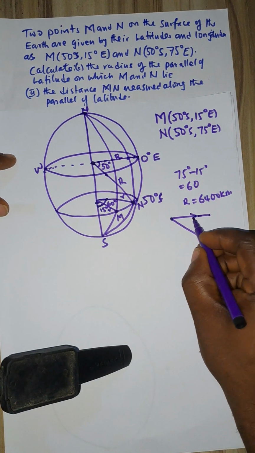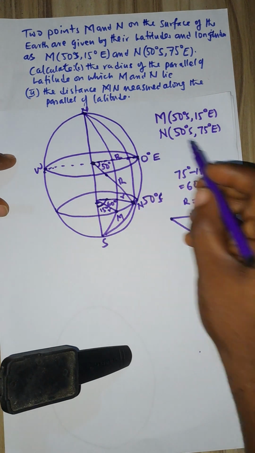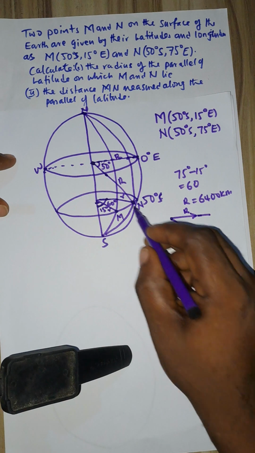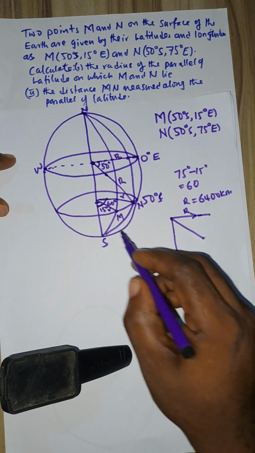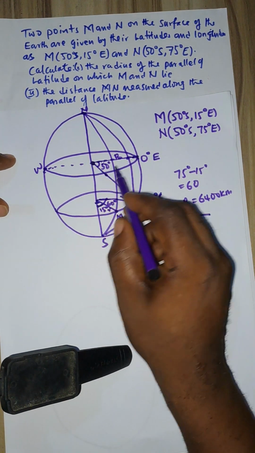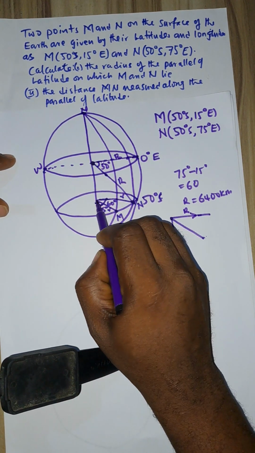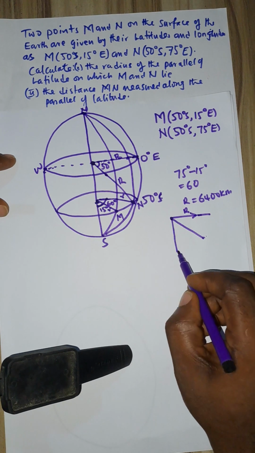This is the equator, with radius R, and from this point to this point is the distance between the two circles, the great circle.